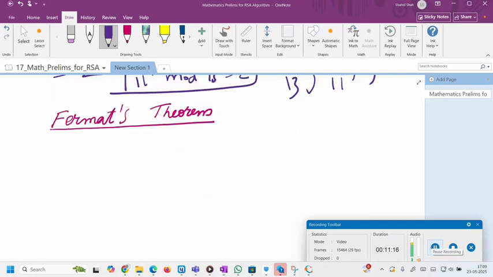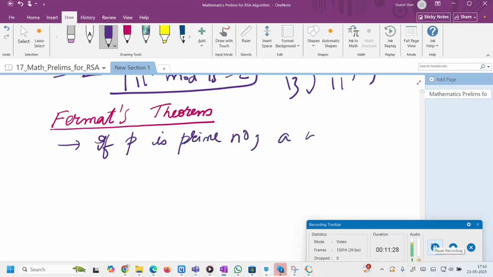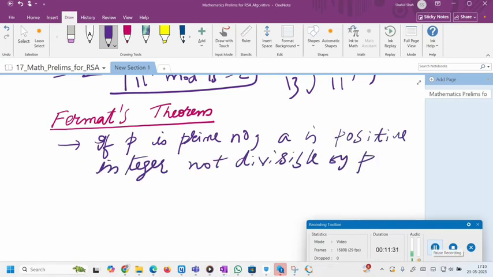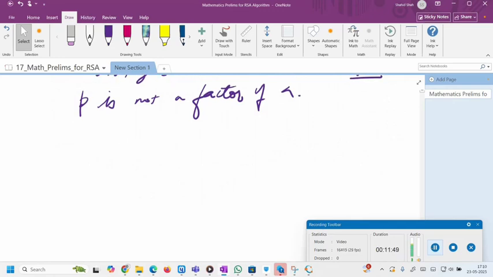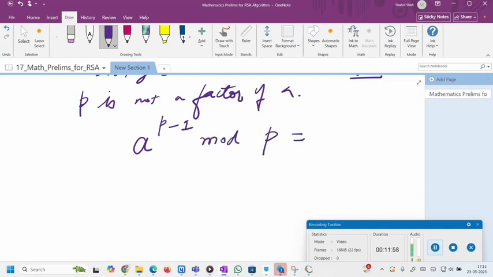Next we state Fermat's theorem, which we see like this: if p is a prime number and a is any positive integer not divisible by p, that is, p is not a factor of a, then Fermat's theorem can be stated in this way: if you take a to the power p minus 1 and do it modulo p, then it is equal to 1.